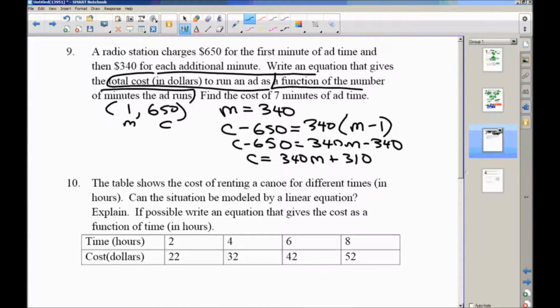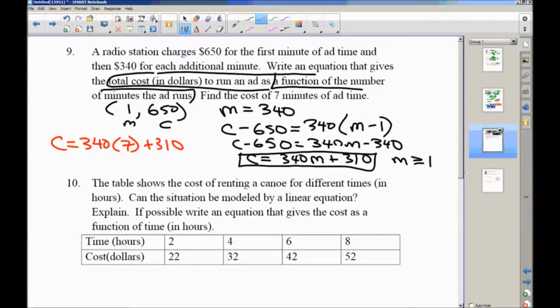Now, if you think about this function, it makes sense only for a domain of greater than or equal to 1. Okay, so in other words, if we had a 0-minute advertisement, we wouldn't have to pay $310 for not having an advertisement at all. So this domain only works for minutes greater than or equal to 1. Right? And then the second part of the question says, find the cost of 7 minutes of ad time. So our cost is equal to 340 times 7 plus 310.